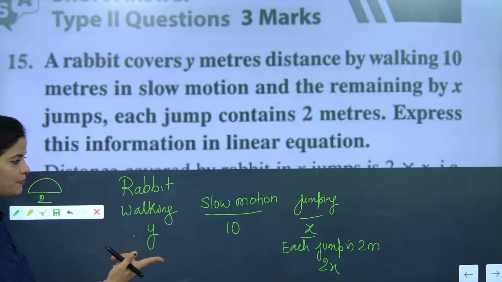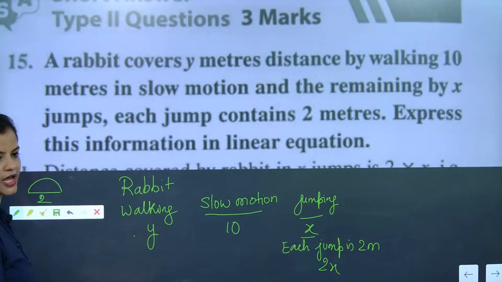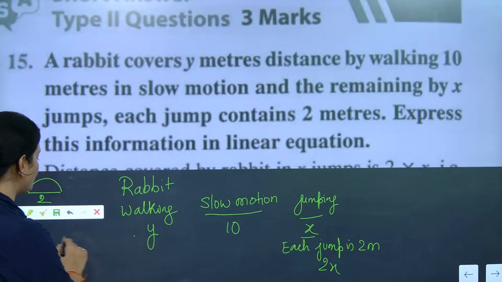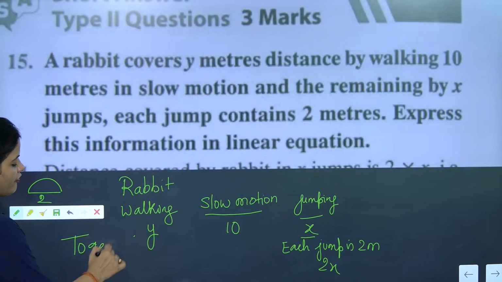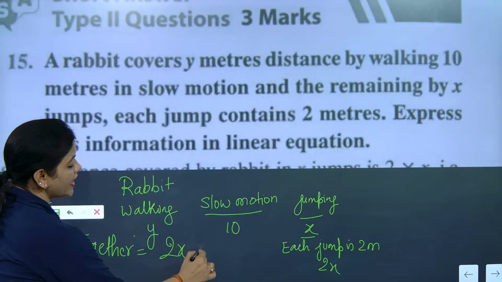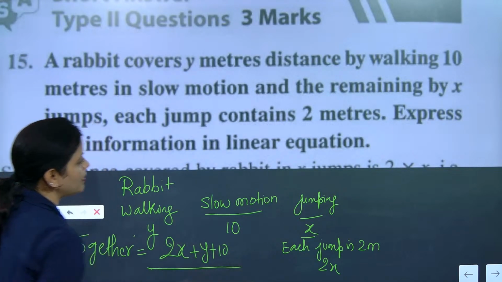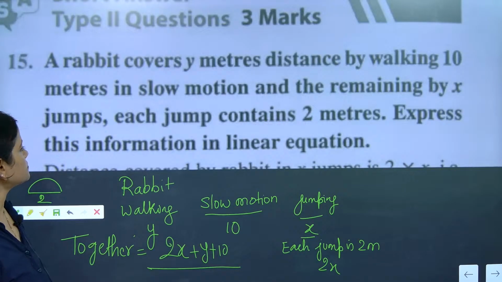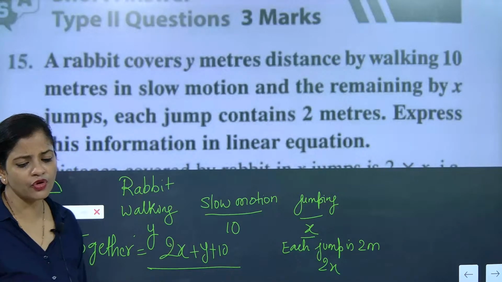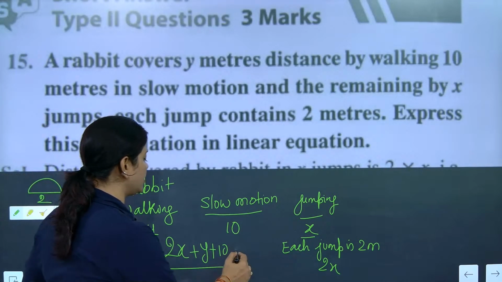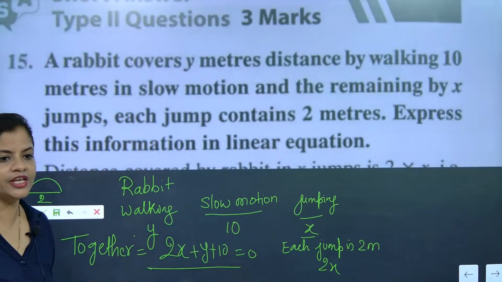So now jumping, slow motion, walking together, the distance is coming as how much? Together, if I have to find the distance, it will become 2x plus y plus 10. If I have to form a linear equation, it will become equal to 0.